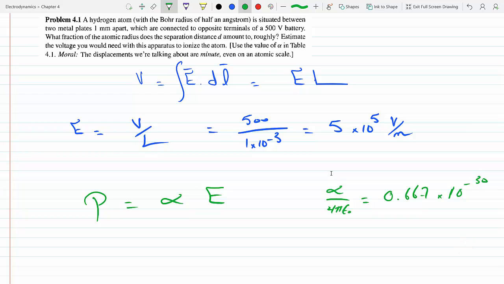Don't forget to multiply by 10 to the minus 30, because the table says in units of 10 to the minus 30 meters cubed.